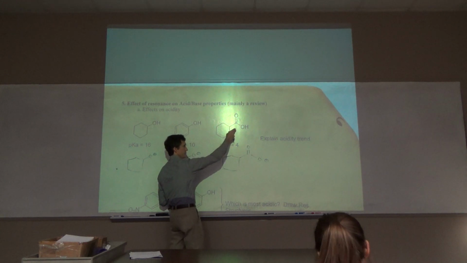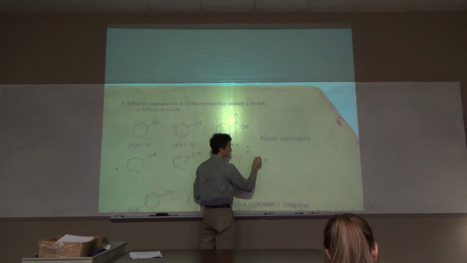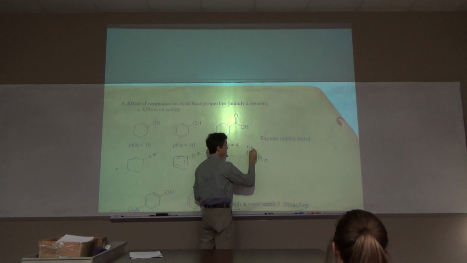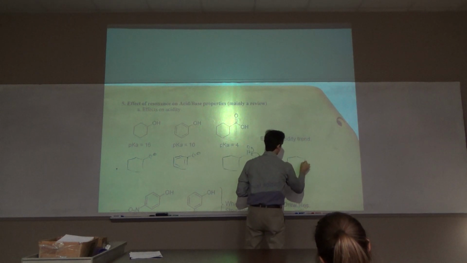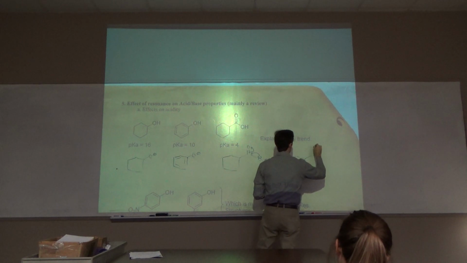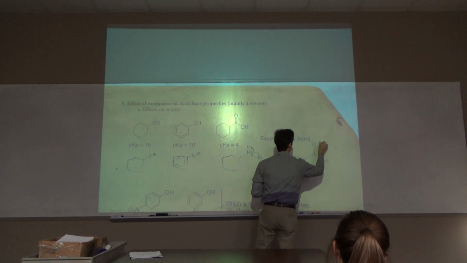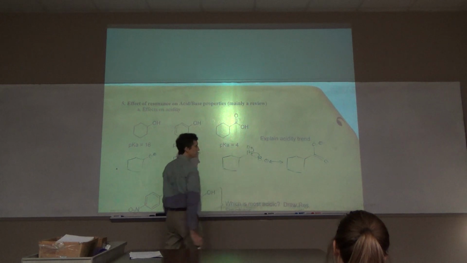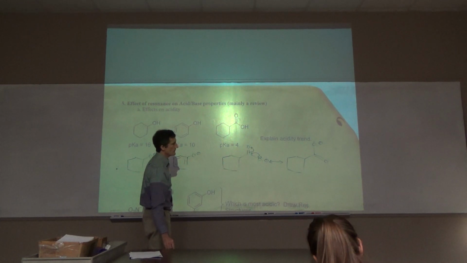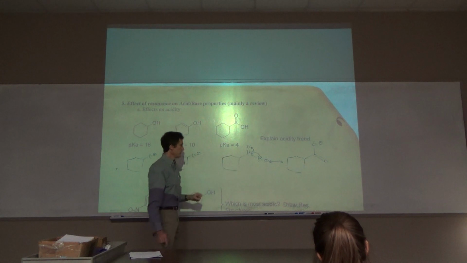This is more acidic, meaning this must be more stable than this. Why? Well, we can do resonance. These electrons move here, these electrons out, and we get this resonance structure, right? And that's actually it. We can only draw one additional resonance structure from here. But here we could draw three.